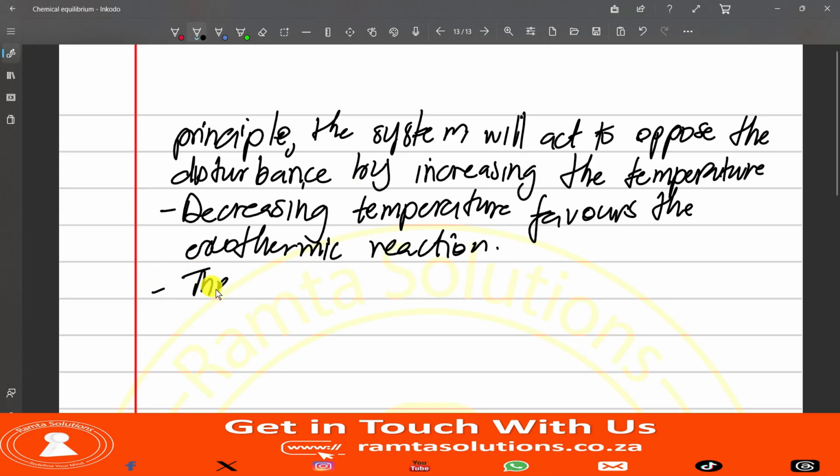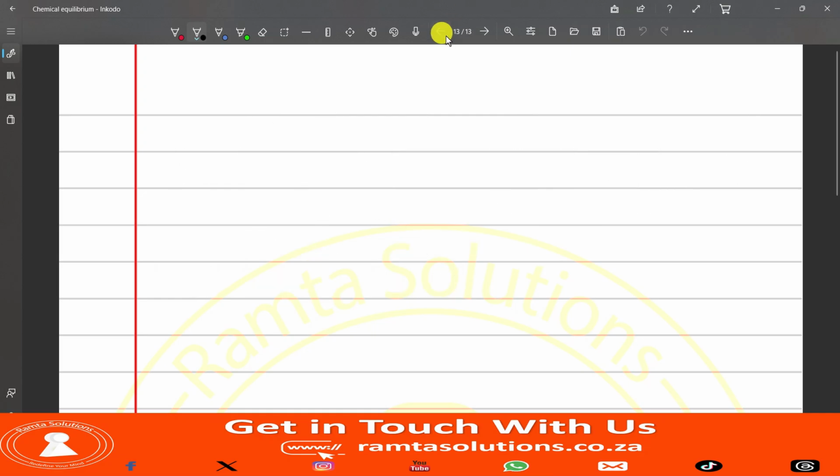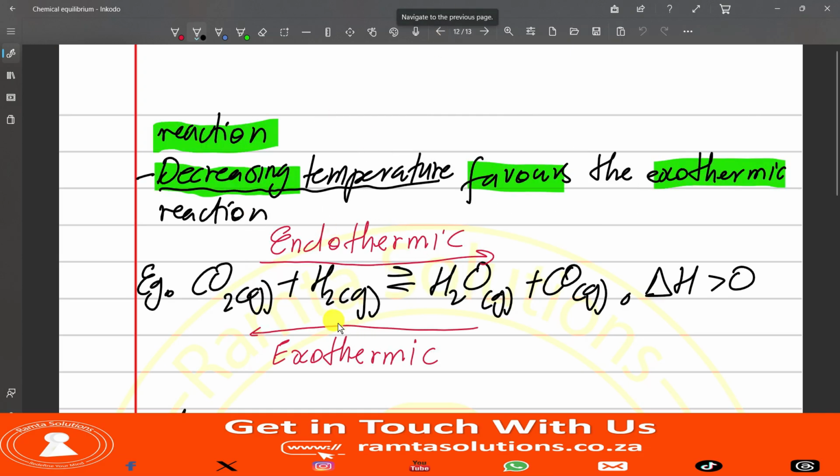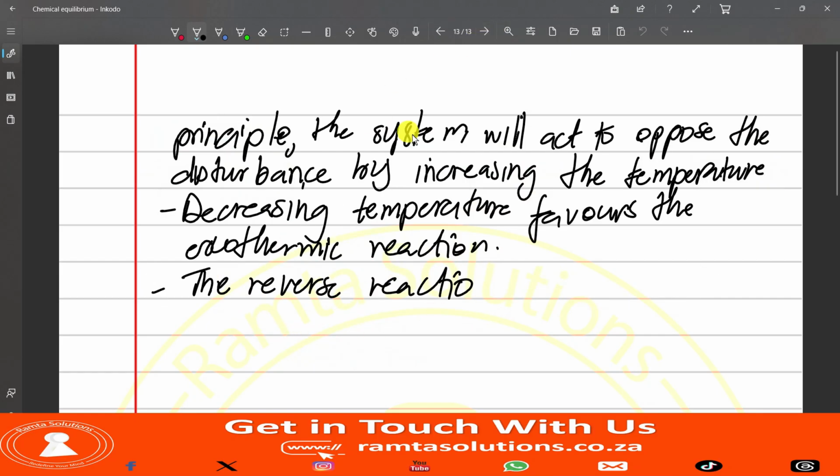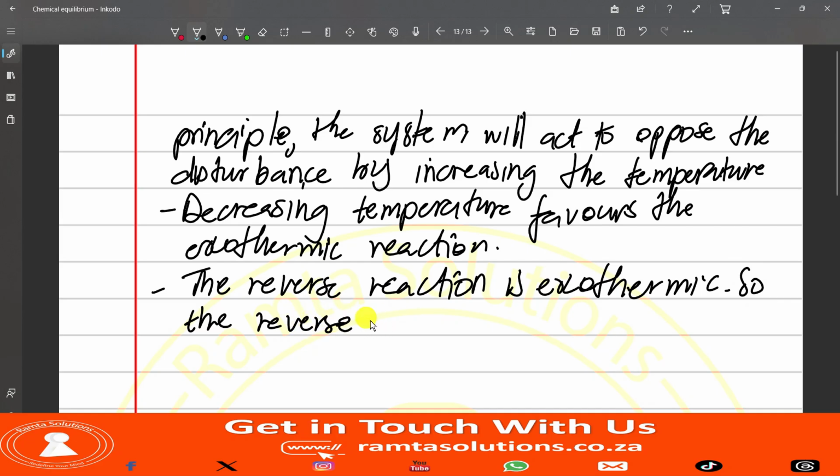The reverse reaction is exothermic, isn't it? Let's go back to check. Remember that example that we're having? Here it is. The reverse reaction is exothermic. So, the reverse reaction is favored.